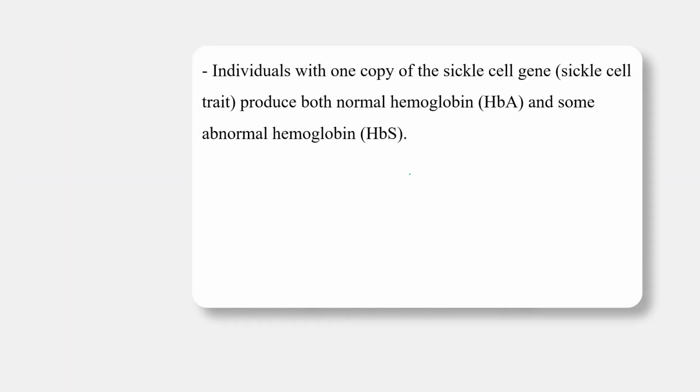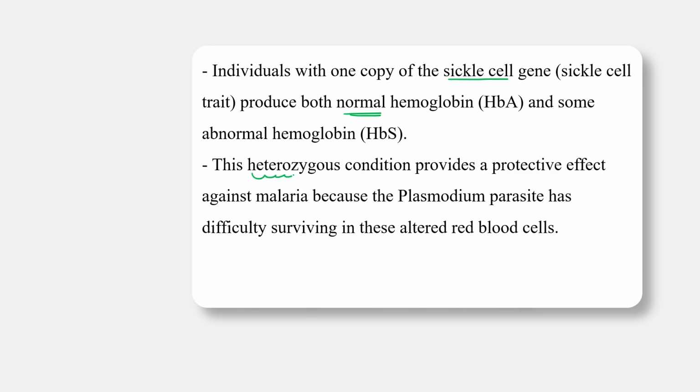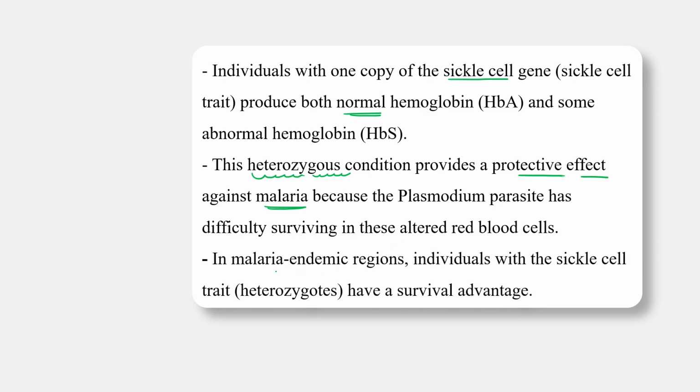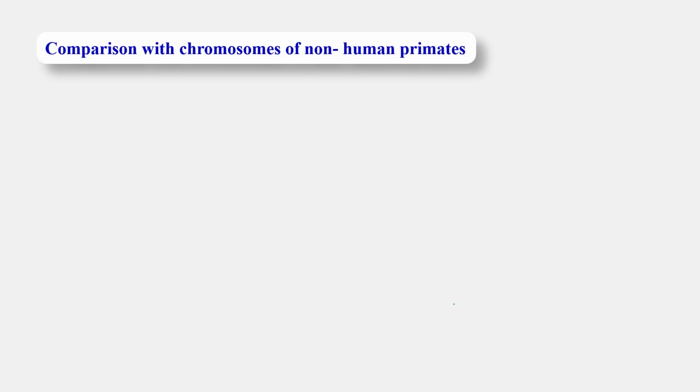Individuals with one copy of the sickle cell gene and one copy of the normal gene, this heterozygous condition, provide a protective effect against malaria too, because the plasmodium parasite has difficulty surviving in these altered RBCs. So in malaria endemic regions, individuals with sickle cell trait, or heterozygous individuals, have a higher survival rate, right?